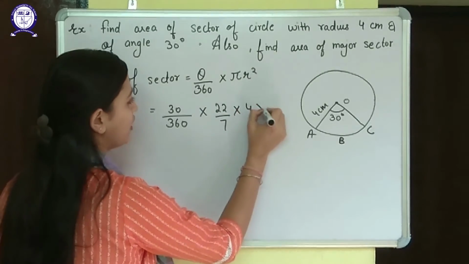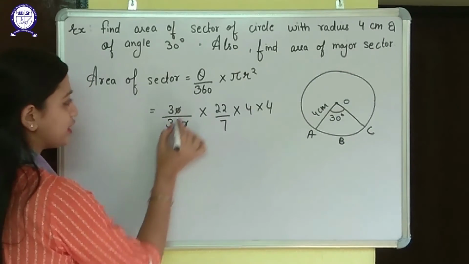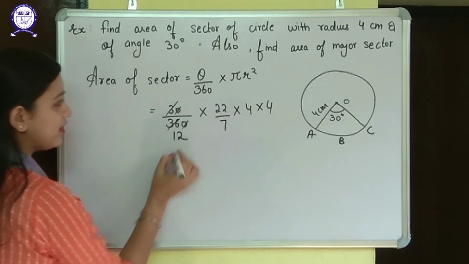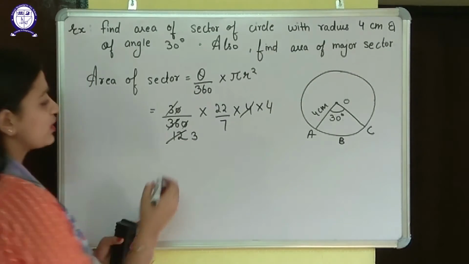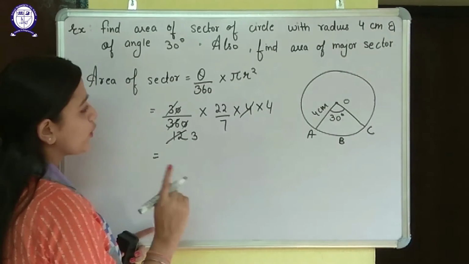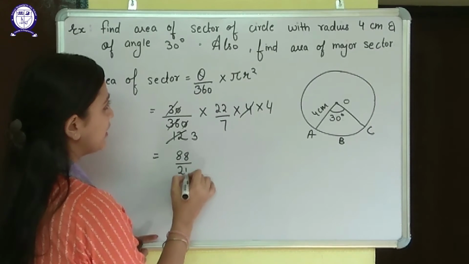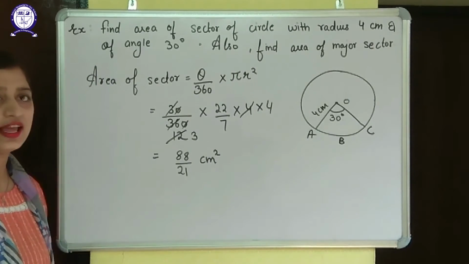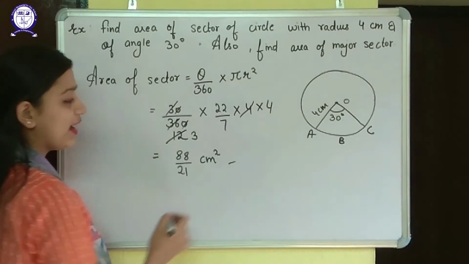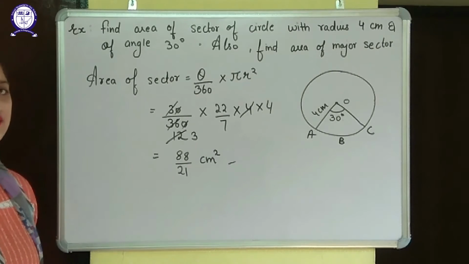Radius is 4 into 4. Okay, first of all 0 and 0. This is my 12. 4 can cut it at 3. Okay, so what will it be? It will be 22 into 4, 88 upon 21 centimeter square because this is the area. So this will be my answer. I can change it into decimal also and I can leave it like this.